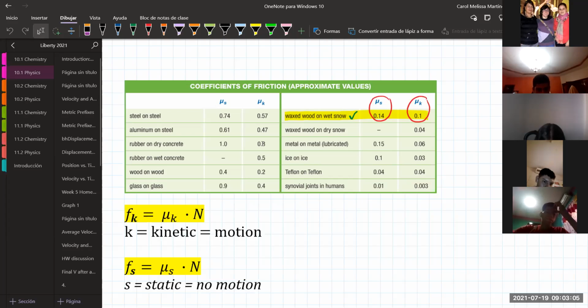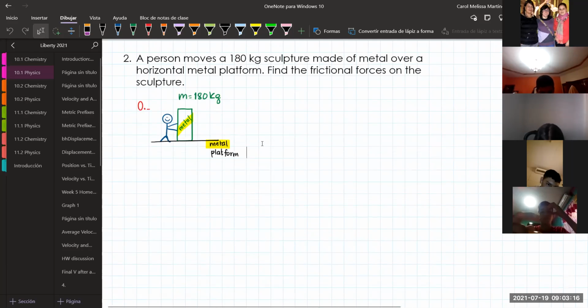Okay, metal on metal, 0.15 and 0.06. So I'm going to take the two coefficients up to the exercise. Okay, so with this I obtain mu s equals 0.15 and mu k equals 0.06. With this, now I can perform the diagram.